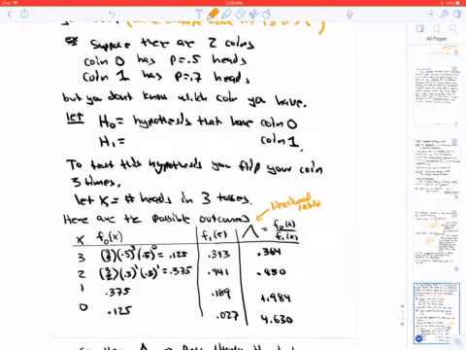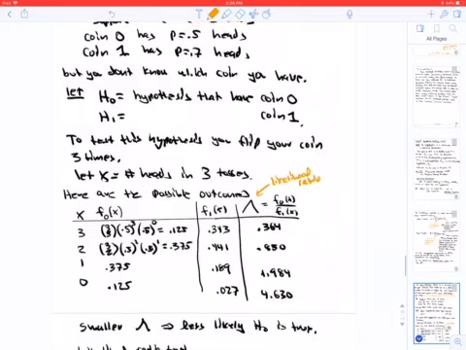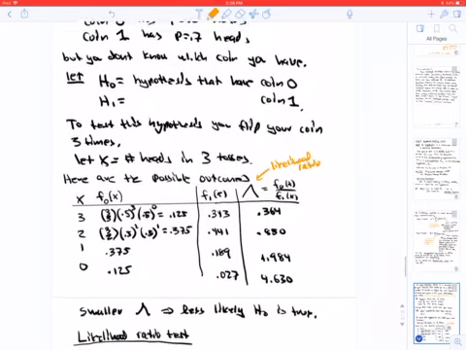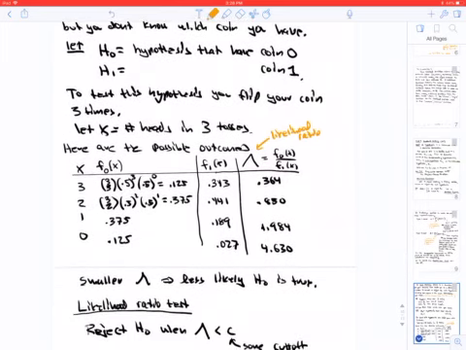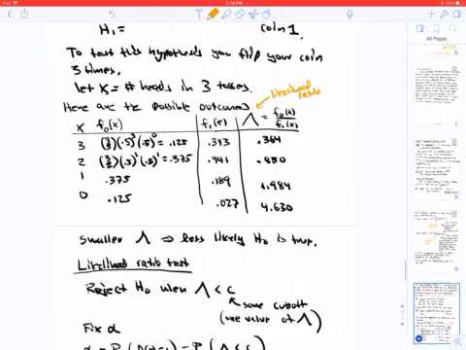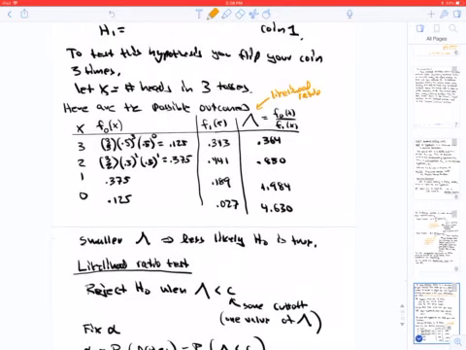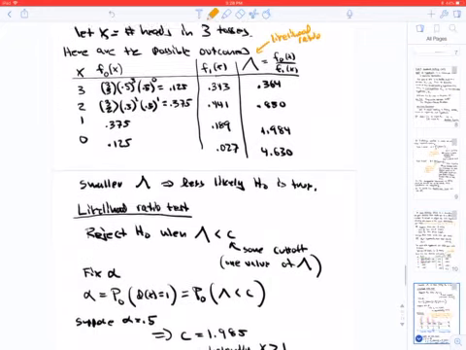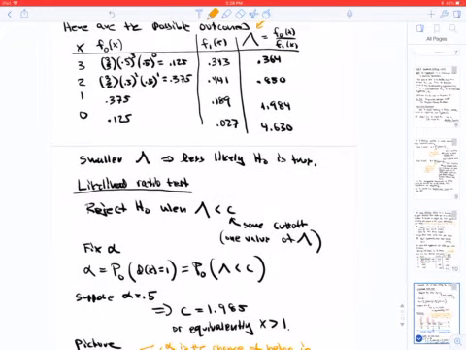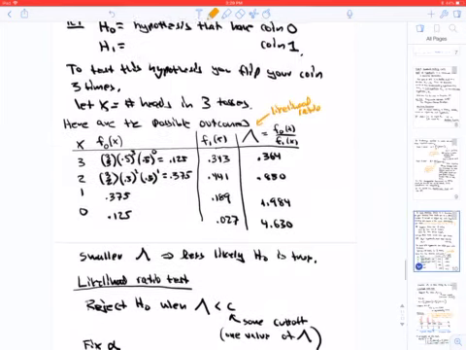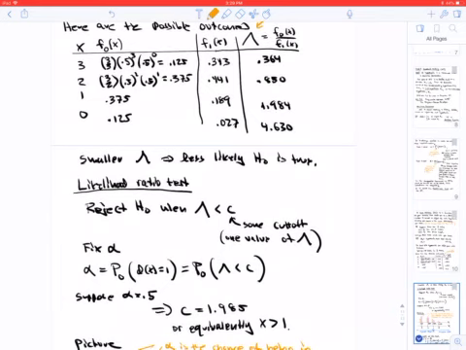So let's take a look at an example where I have two coins, a fair coin and a loaded coin. So my null is that I have a fair coin. My alternative is that I have this loaded coin, and I don't know which one I have. So I perform an experiment where I flip it 3 times, and just theoretically, these are the likelihoods of getting 3, 2, 1, or 0 heads.